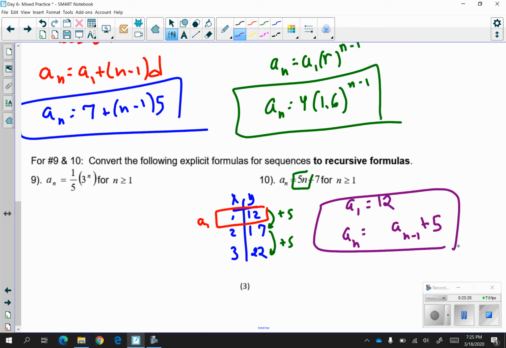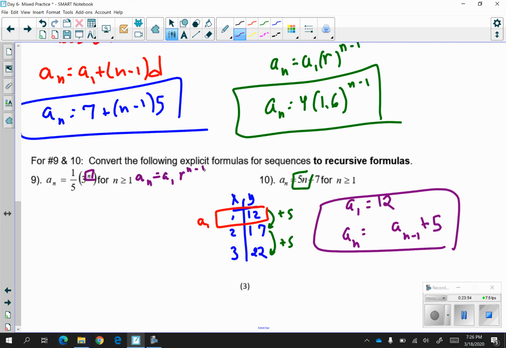Now it's a bit easier to see it in the other one. Actually, no, you can't tell that that is your first term, because if you look at your exponent, it's n. Usually, explicit formulas for geometric sequences are a sub n equals a sub 1 times r to the n minus 1.